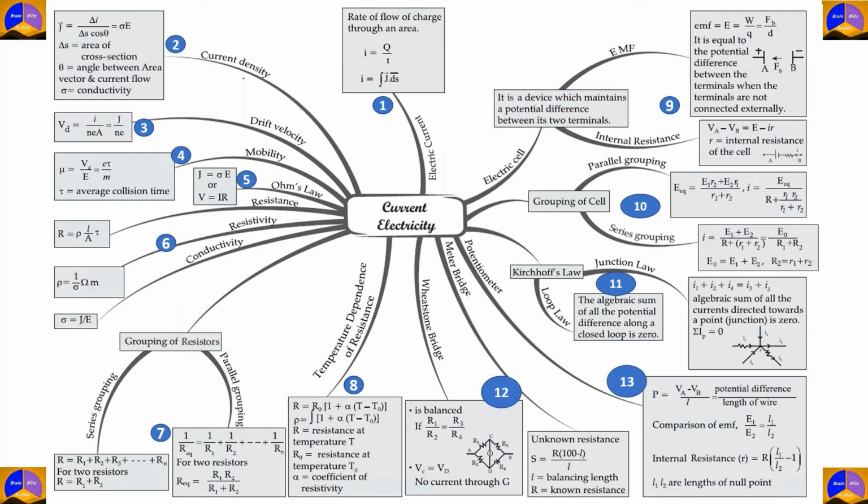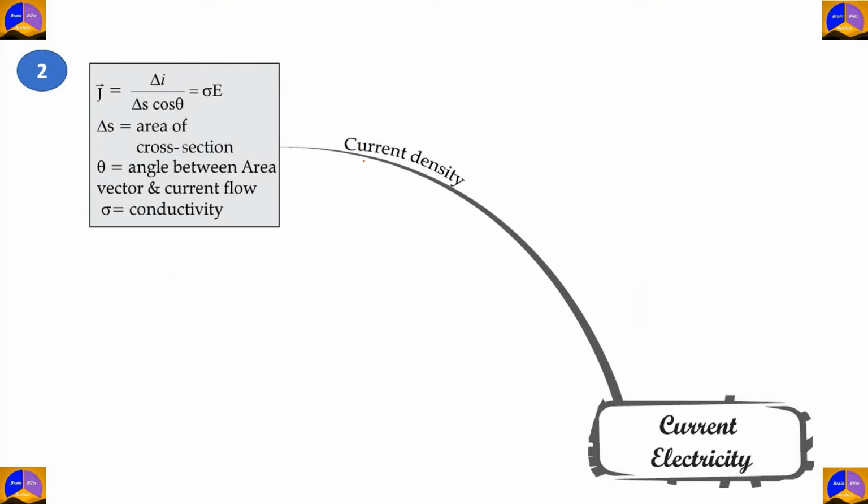Let's move on to current density. Current density is the amount of current flowing in a unit area. So the formula for current density, which is represented as J bar, is equal to delta I divided by delta S cos theta, which is also equal to sigma into E. Delta I refers to current or change in current, and delta S refers to the area of cross section.